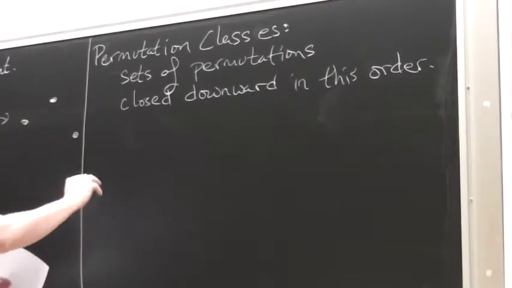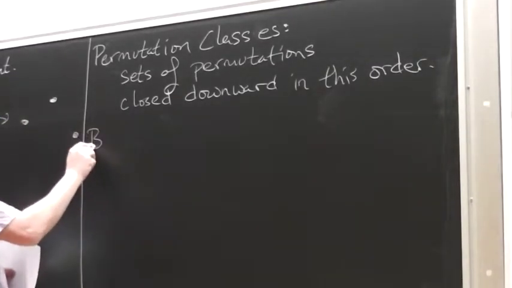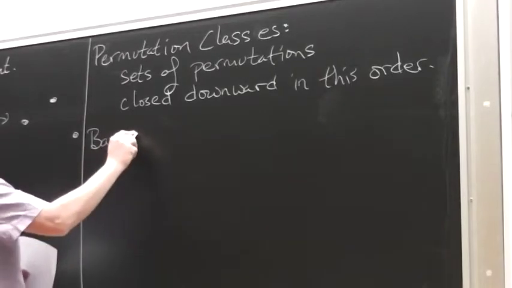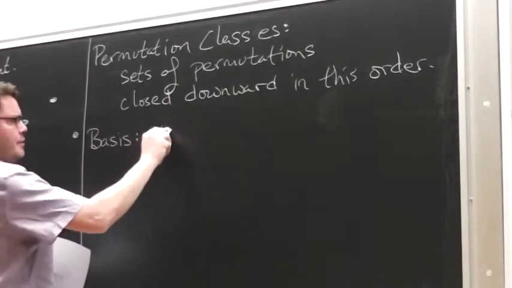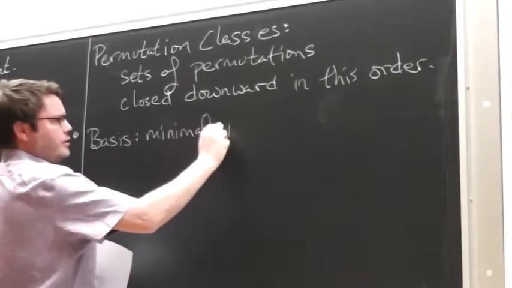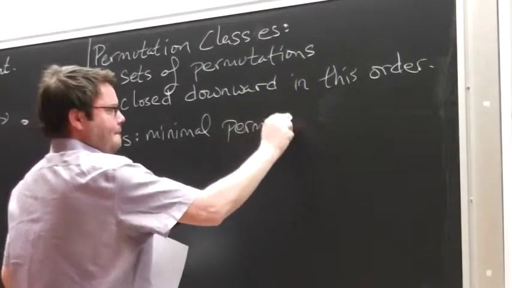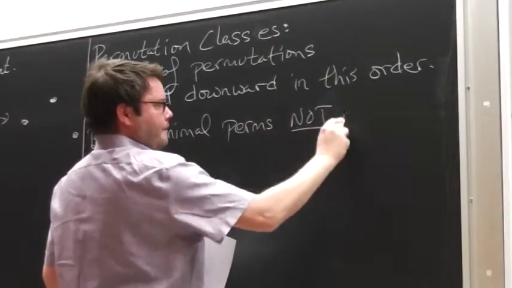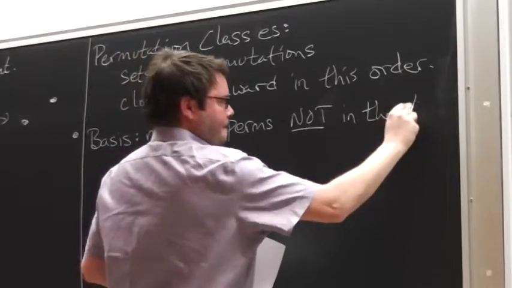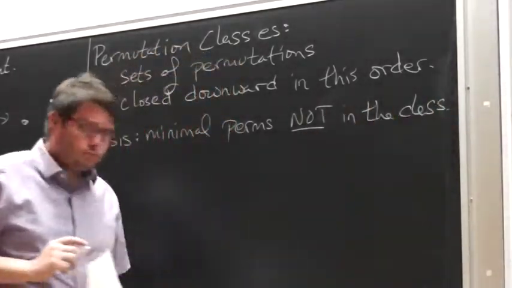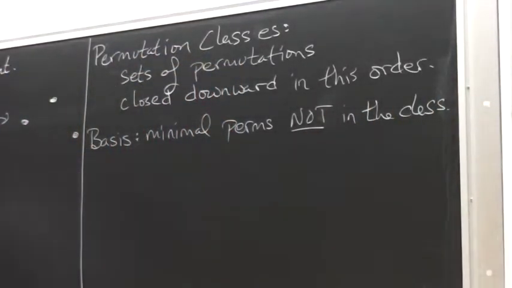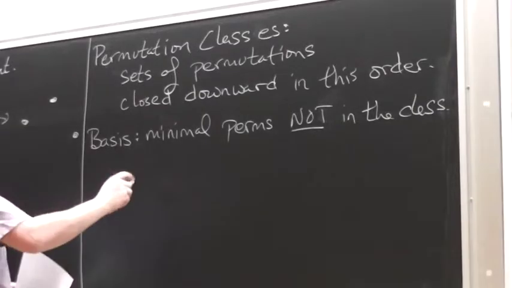And every permutation class can be defined in terms of its basis. These are the minimal permutations not in the class. So the basis might be 1 or 2 or any number of permutations.